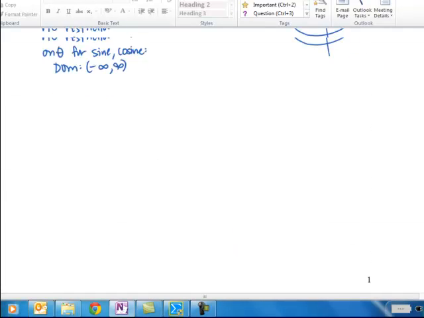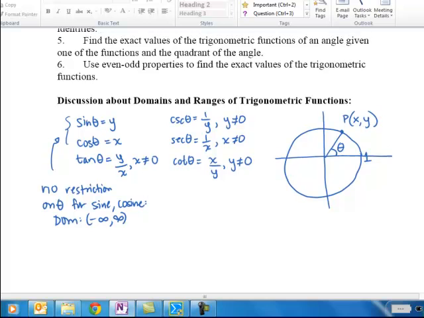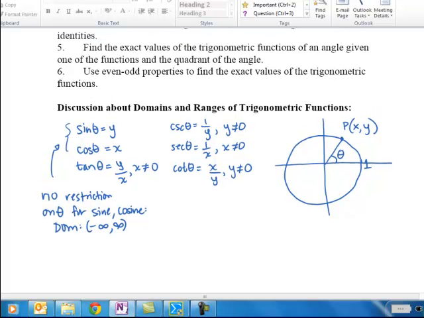Let's think about the domains for the others, which are slightly more complicated. Notice for tangent and secant, we don't want x to be 0. So whenever we have this restriction that x isn't 0, we want to know, what does that mean about theta? So think about x equals 0 up here and down here.